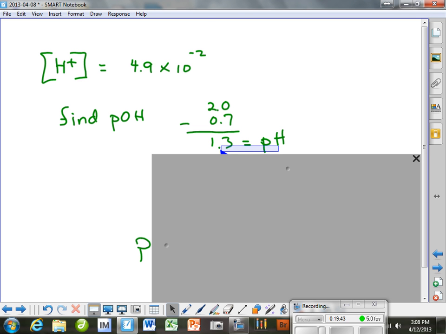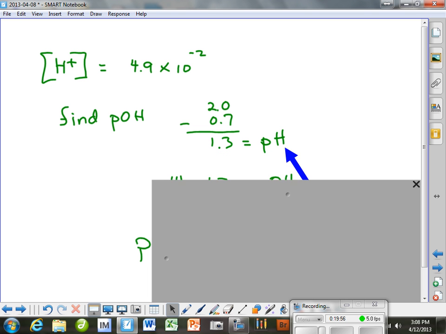Subtract them out, we get 1.3. This is the pH. How many of you think you can find the POH now? Okay, do the POH now. You've got the pH. Find me the POH. 1.3 plus POH equals 14. 12.7.